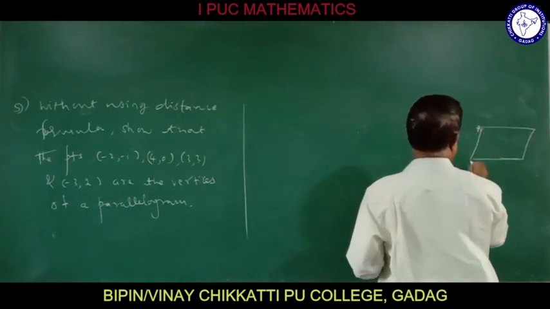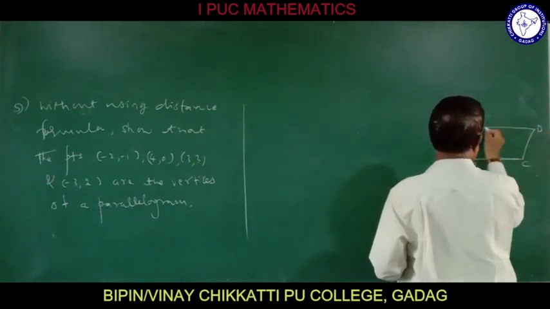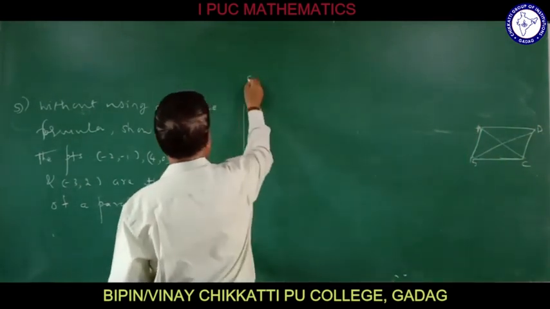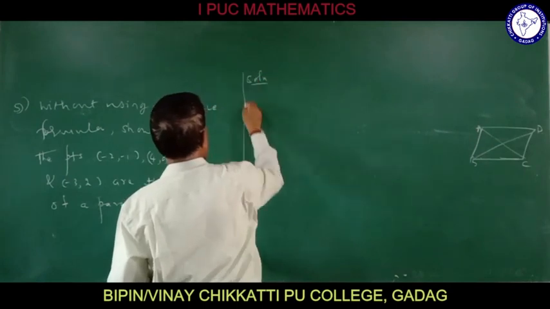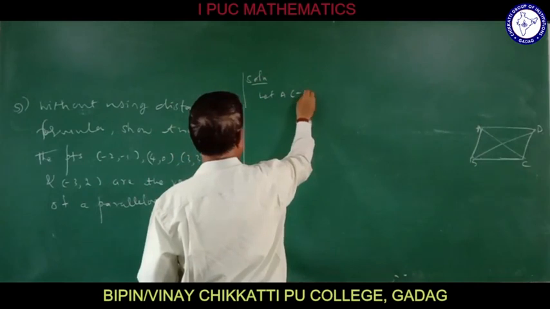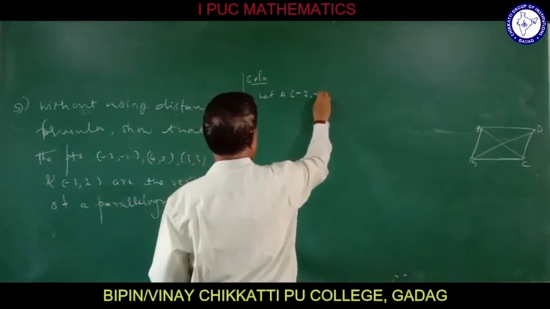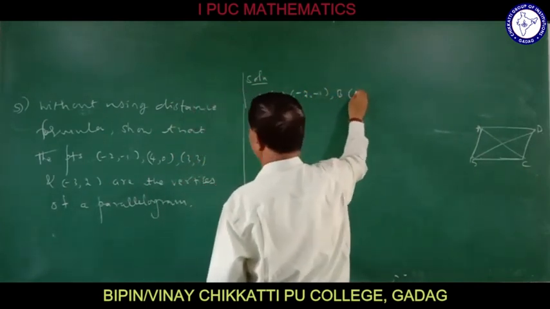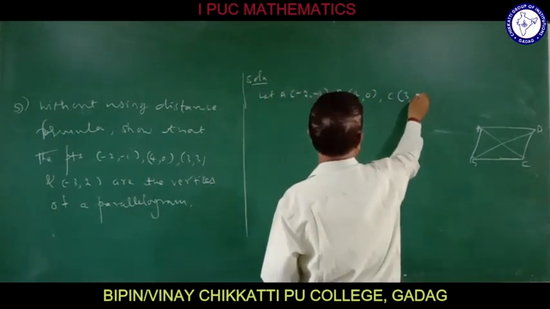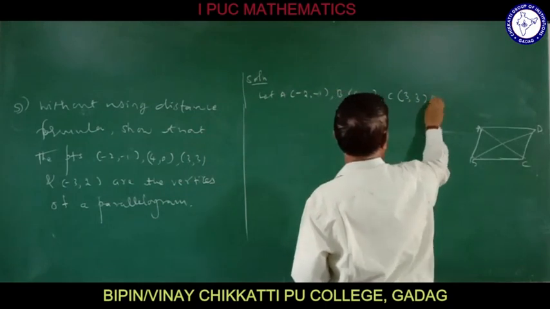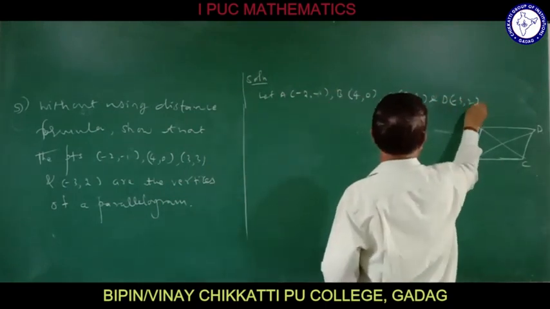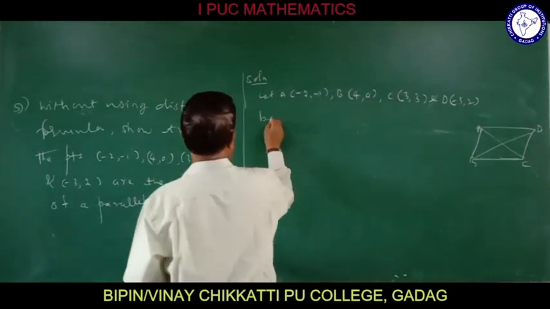If you say A, B, C, D is a parallelogram, and these are the diagonals. Suppose A is -2, -1, B is 4, 0, C is 3, 3 and D is -3, 2, be the given points.